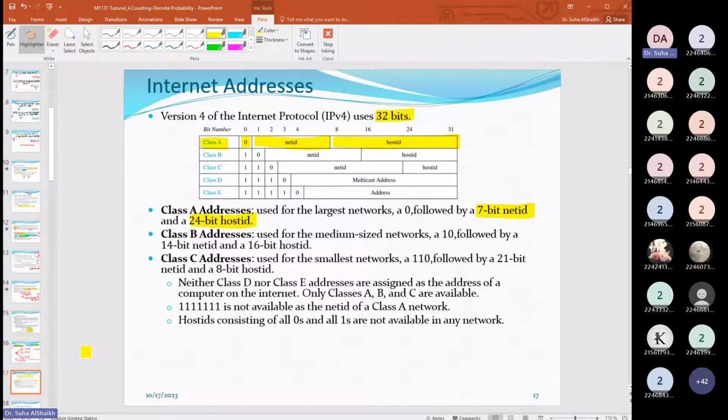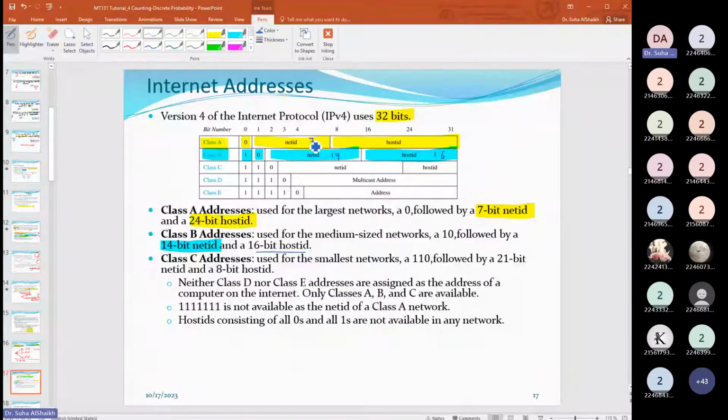Now class B starts with 10, followed by the net ID followed by the host ID. How many places for the net ID? We have 14. And how many places in the host ID? We have 16.